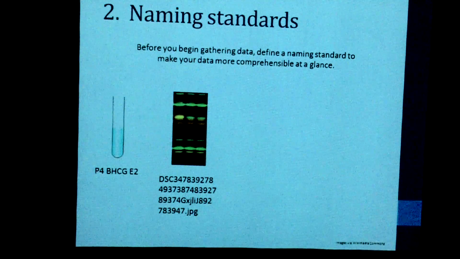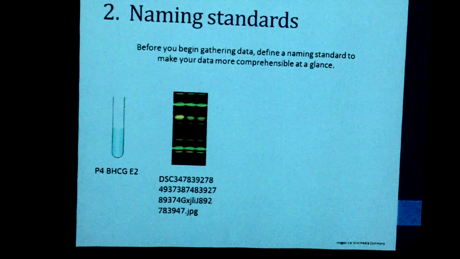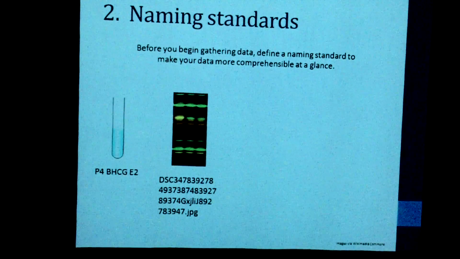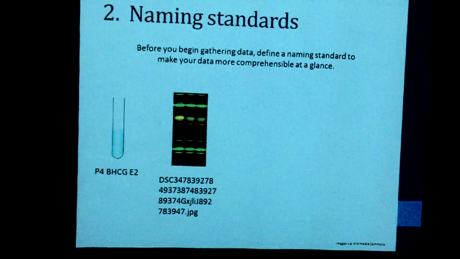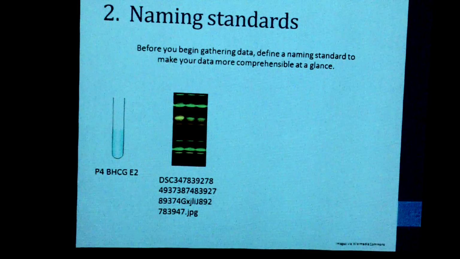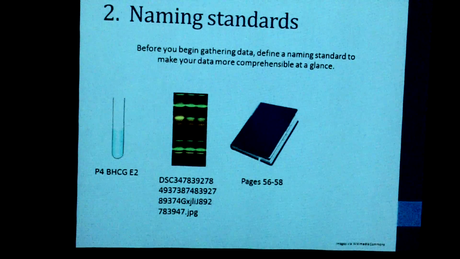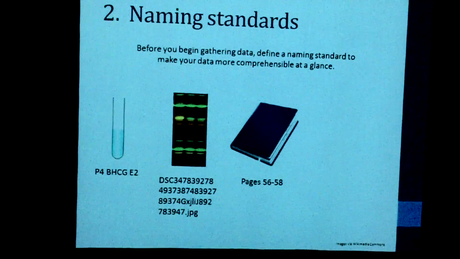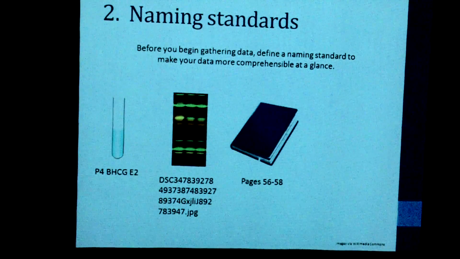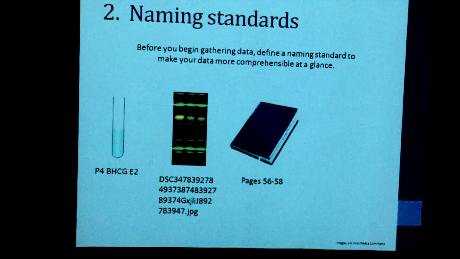What we get after we put it into our analysis machine, we get an image that has a file name like this, because images always have these ridiculous file names, right? That, meaningless. If we look at that, that really doesn't tell us anything about what we have in the file. We have maybe a lab notebook where we wrote down what we did with this. It's on pages 56 through 58, but I mean, how likely are you to remember that a month later?